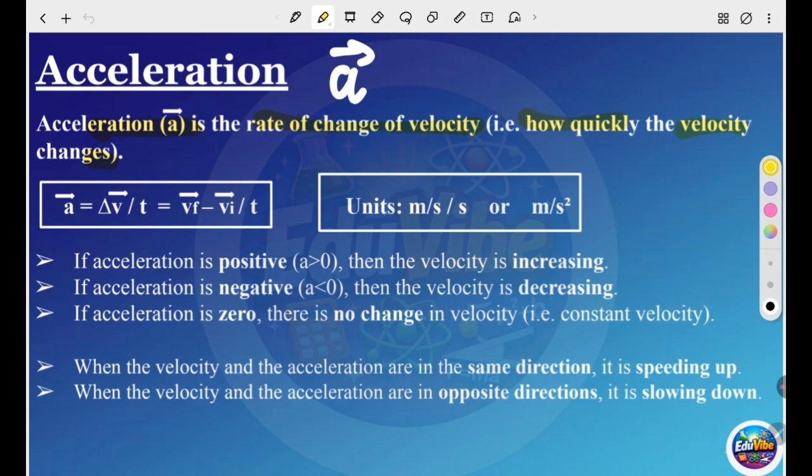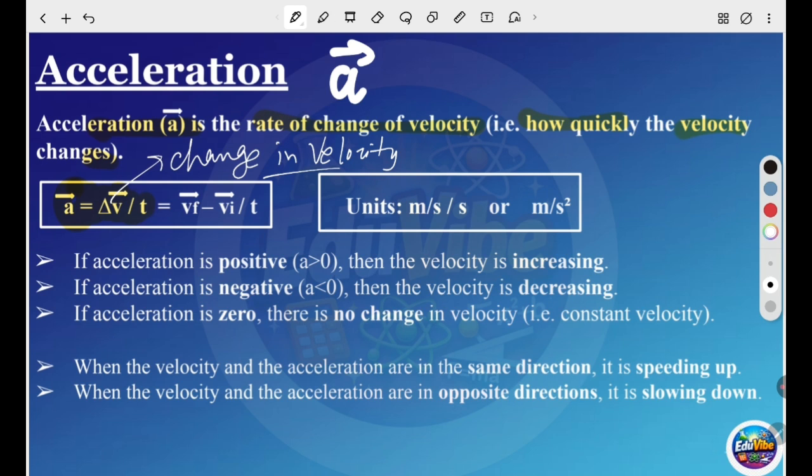So the acceleration is equal to delta v divided by t. Delta v is the change in velocity, and t is the time taken.